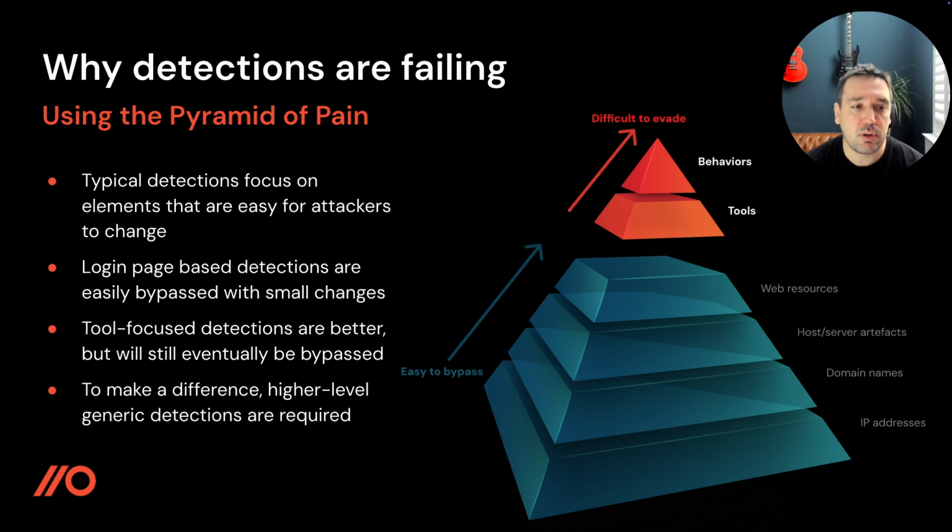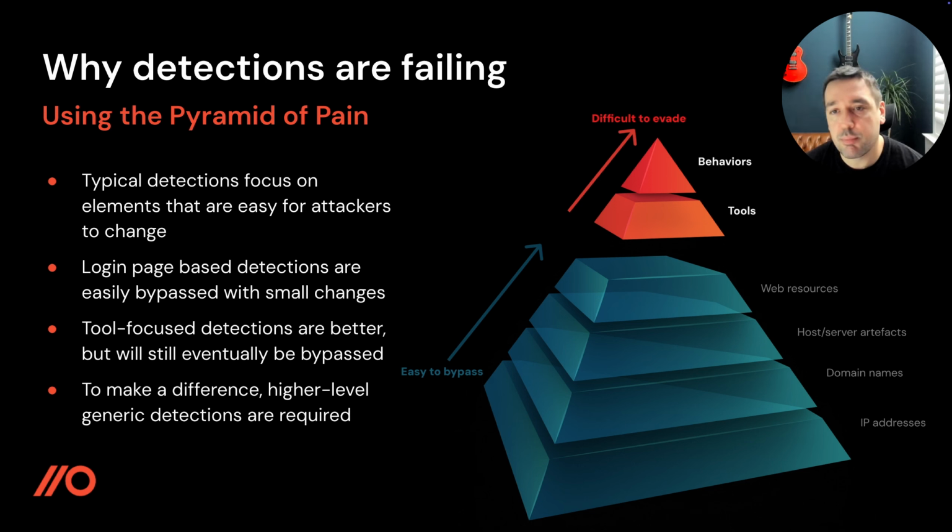But what we've seen today is that things get better when we move towards tool focused detections, and even better still when we focus on behaviors. That's the goal. But what we're seeing is that there's a cat and mouse game going on, where there are a lot of circumventions, certainly at the tool level, and even at the behavior level, for example the behavior of emulating a login page.